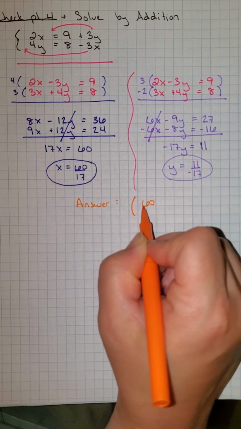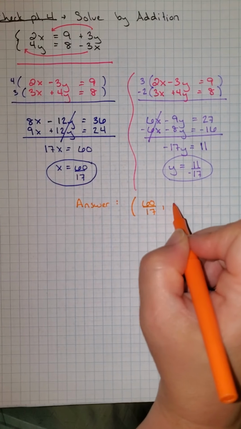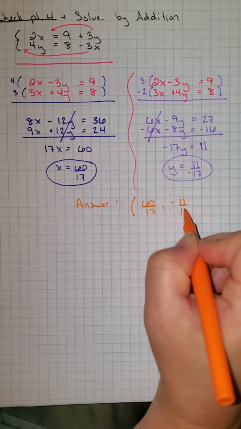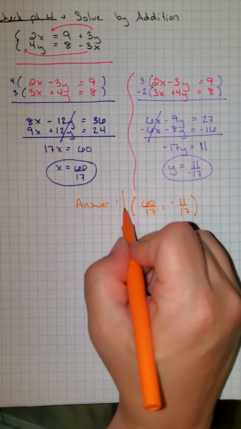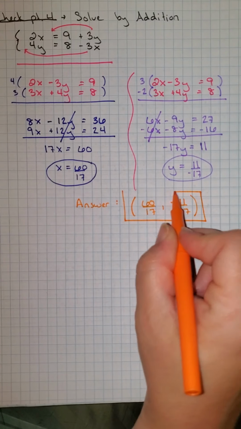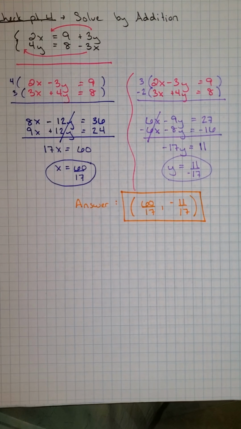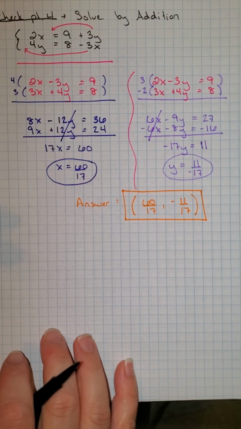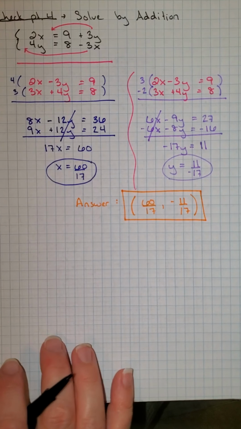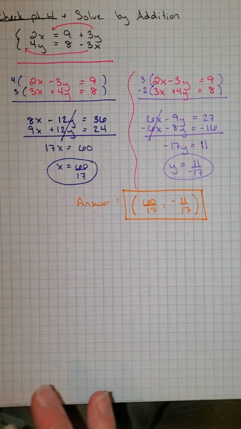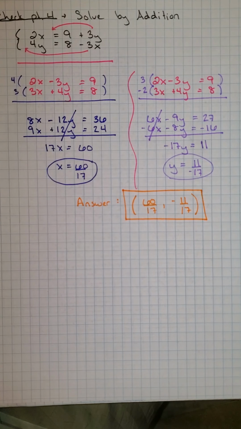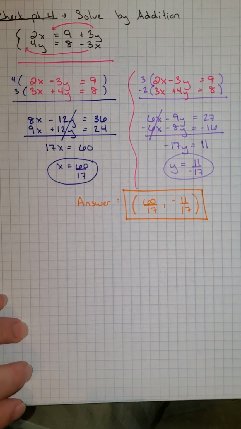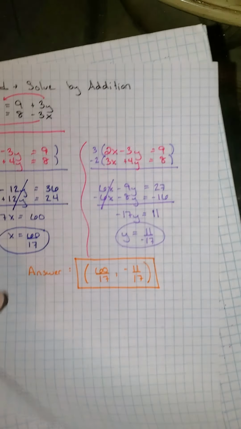So our answer is 60 over 17 and negative 11 over 17. Okay. So these have all worked out nicely. Well, I mean, it's kind of ugly, but we still get a nice answer.